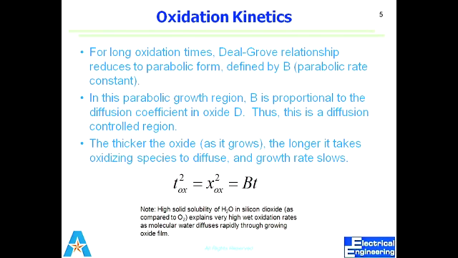Similarly, if we have the 111 plane, we will discuss these things later on. So it depends on the process conditions. That's why when you look at the graph, you will see something like this.